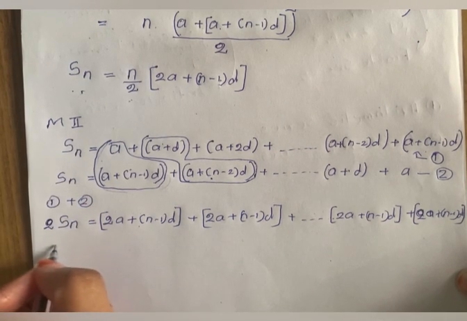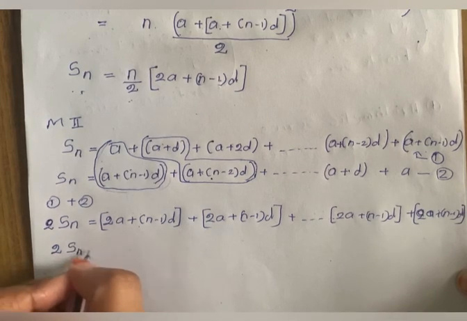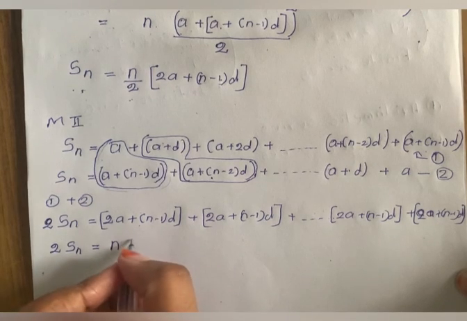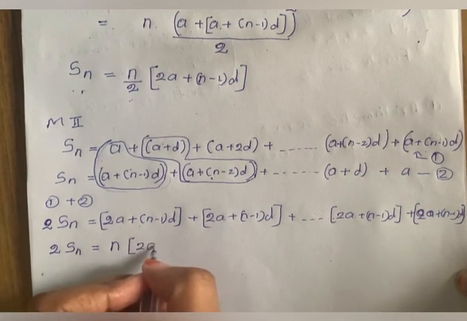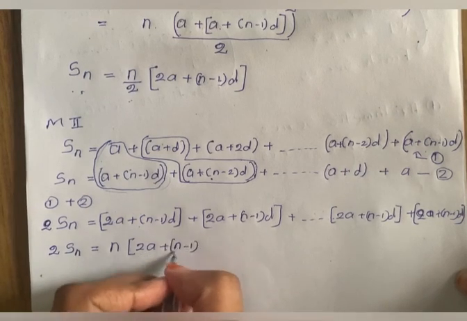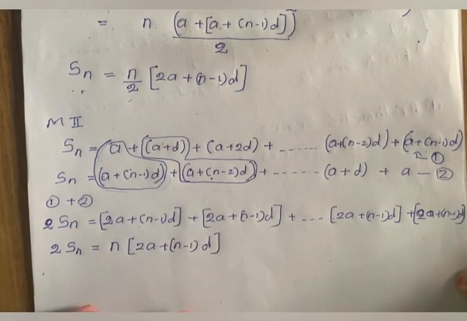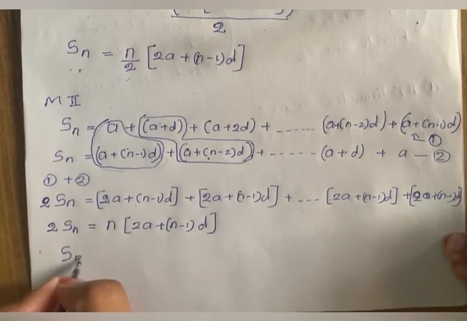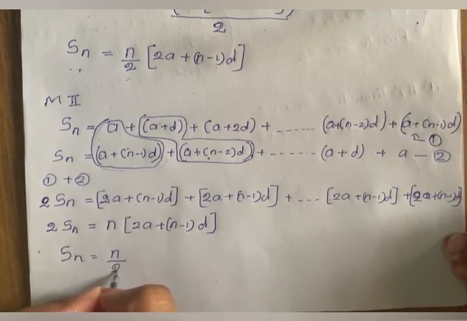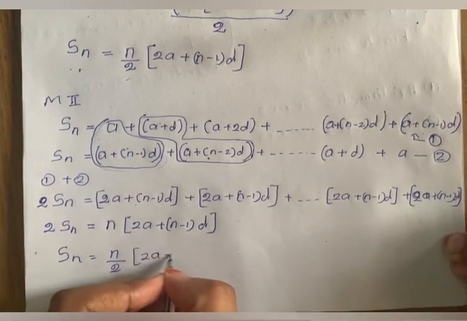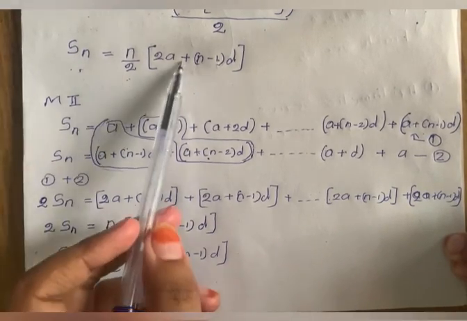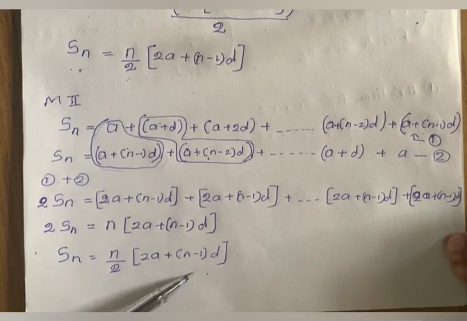Because Sn plus Sn is 2Sn, so 2Sn is equal to n times 2a plus n minus 1 d. So in the general form, the sum of n terms is equal to n by 2 times 2a plus n minus 1 d. We get the same equation for the sum of an arithmetic series.